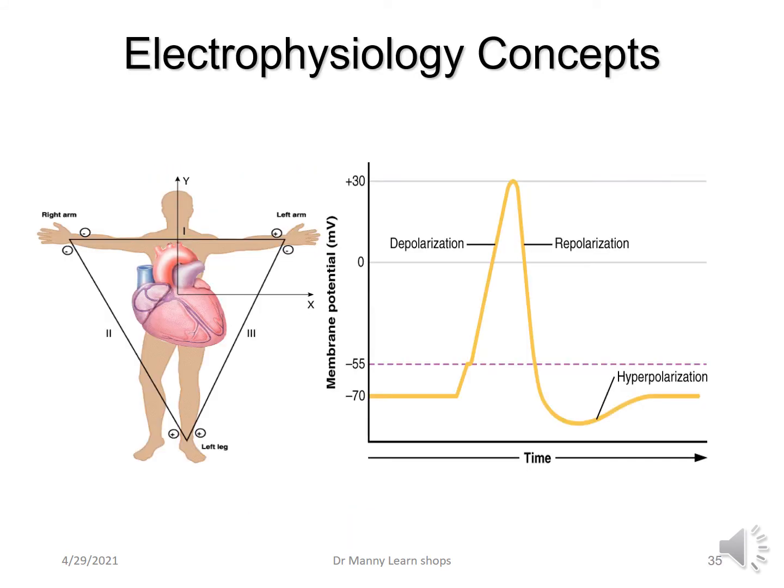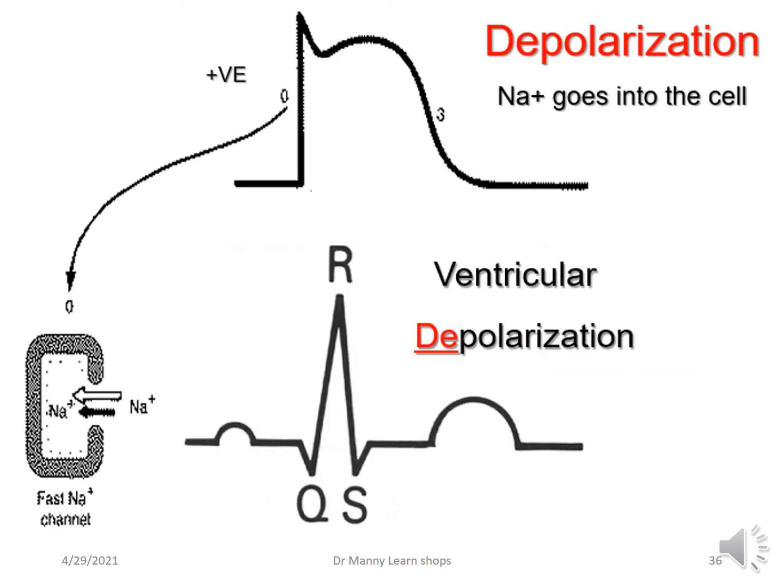Here are some electrophysiological concepts that we need to consider as well. First of all, we have depolarization. And depolarization is seen first of all as an action potential for one cell. That's the small ECG that you see at the top. The big ECG down the bottom combines millions of action potentials which form the big ECG, if you want to think of it like that. And depolarization basically represents sodium going into the cell.